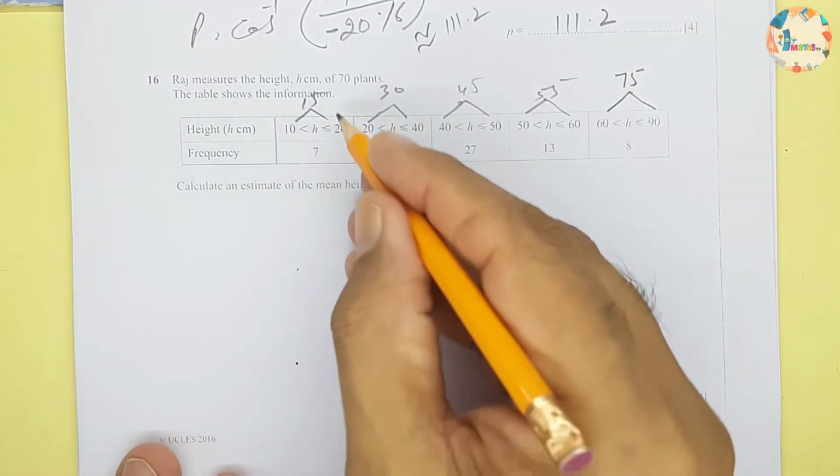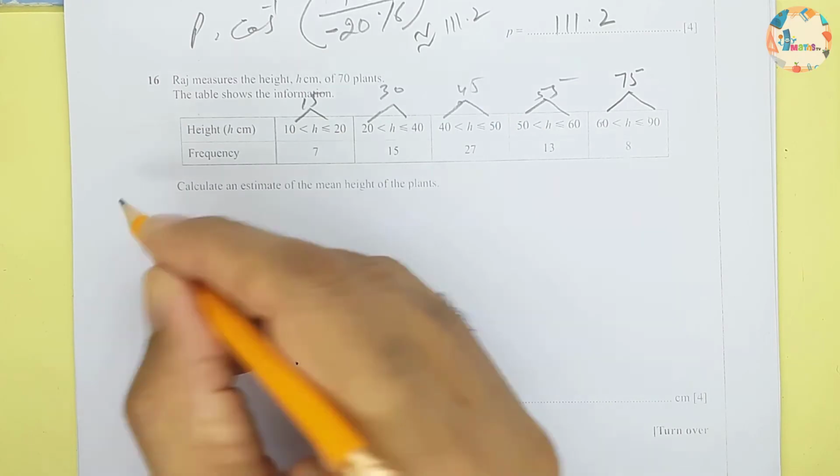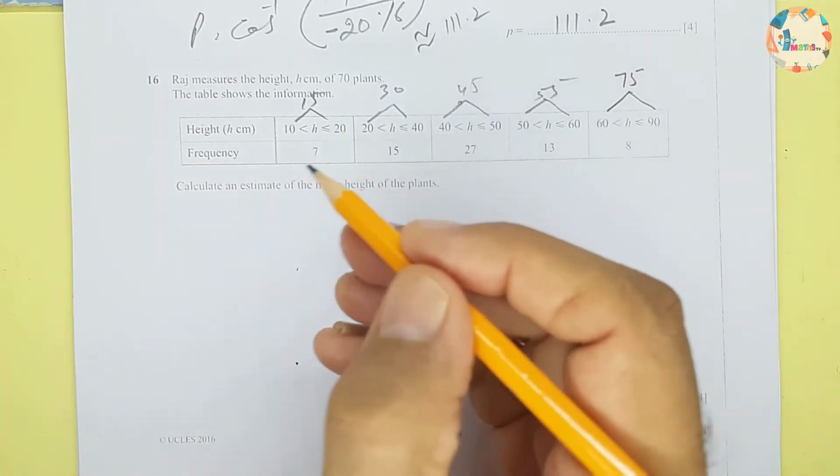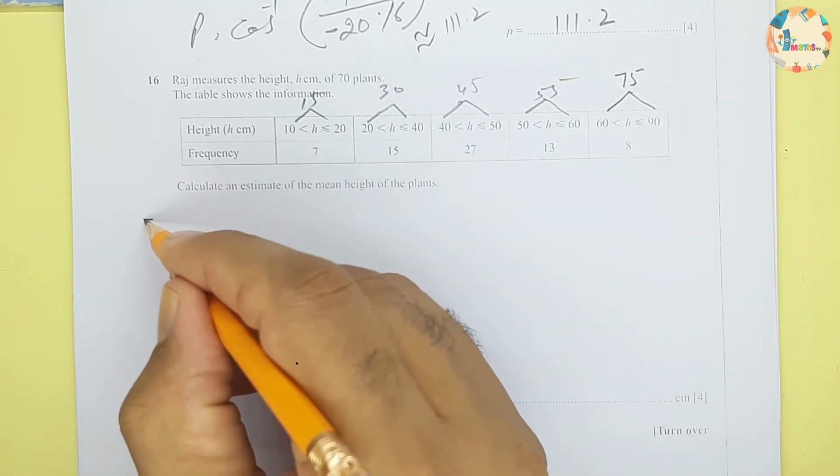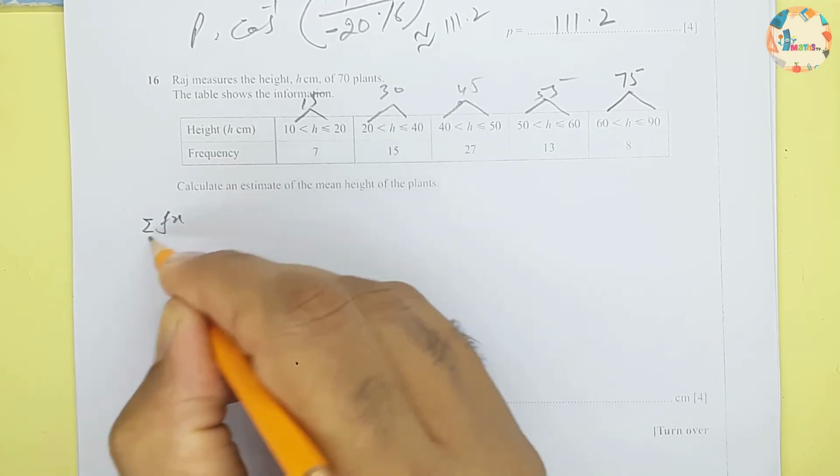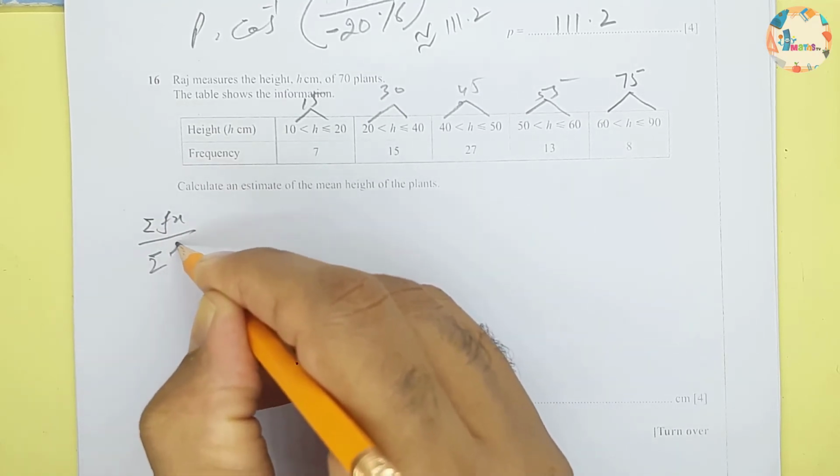Now with these values we will apply the formula: mean is equal to sigma fx over sigma f.